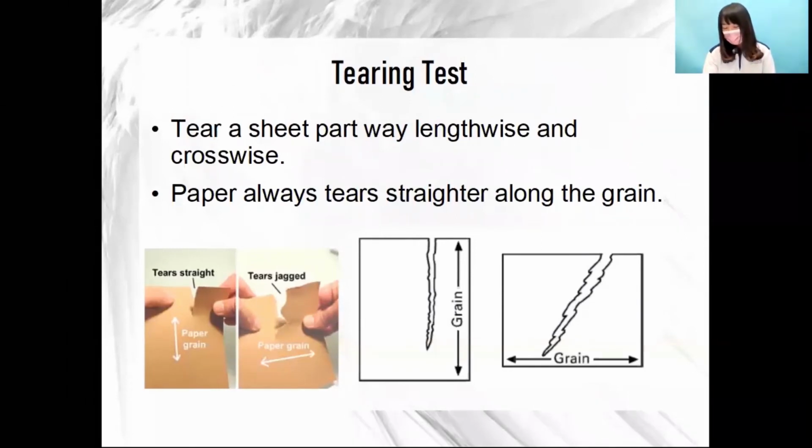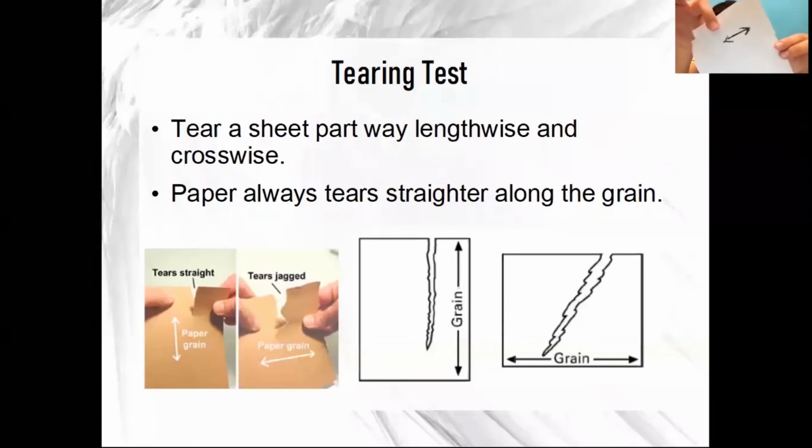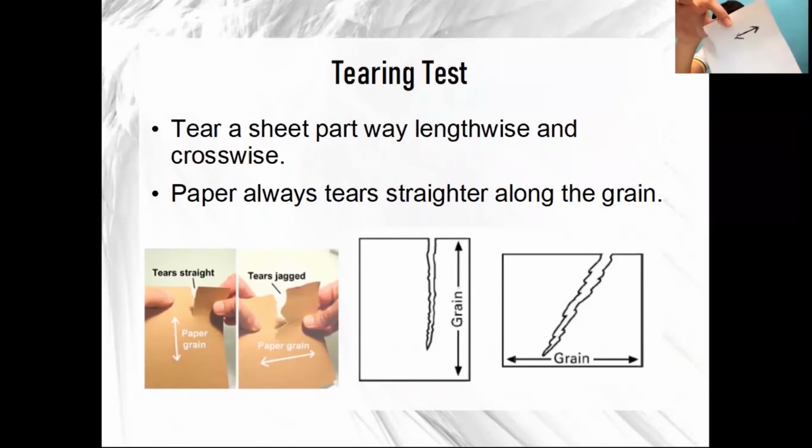The tearing test is mainly applied on paper material. Can you see this paper material? Let's say I don't know what the grain direction is. This one is after being torn by me, so I know the grain direction is short grain. When I tear the paper, it tears very smoothly.